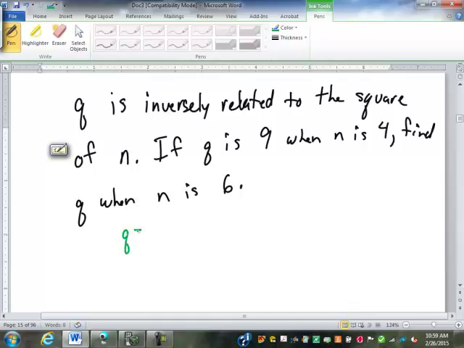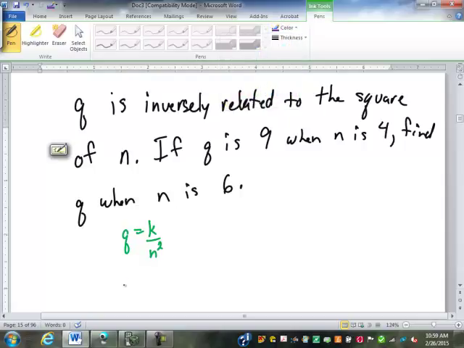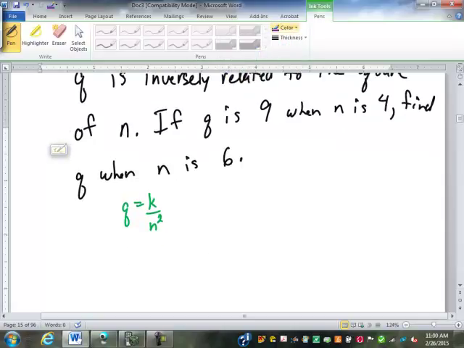So Q equals K over n squared. And then, 9 equals K over 4 squared. So in other words, 9 equals K over 16.